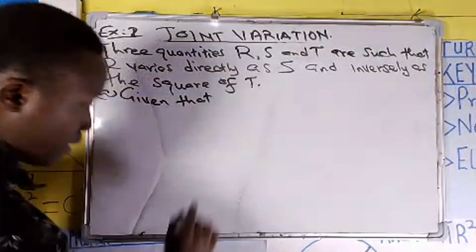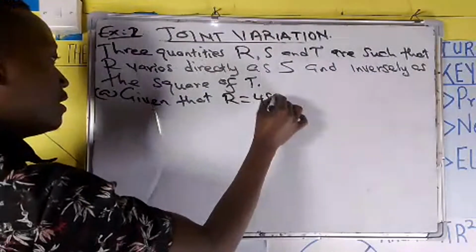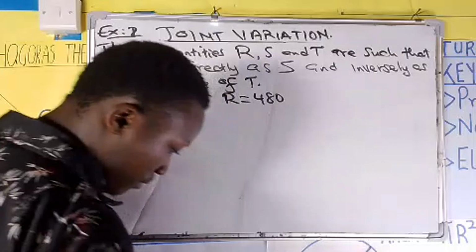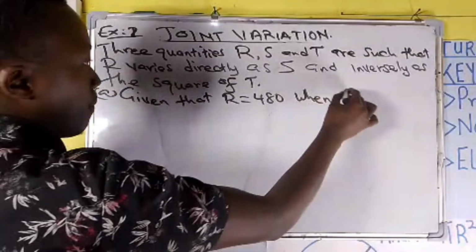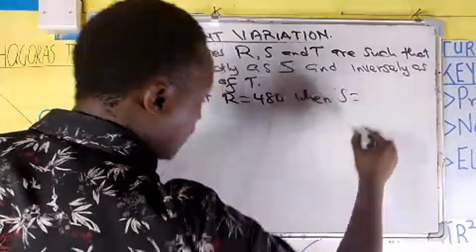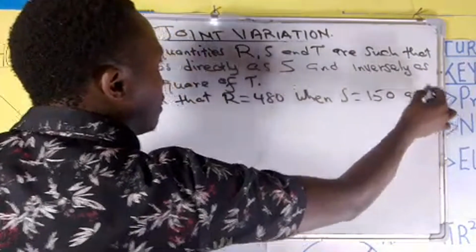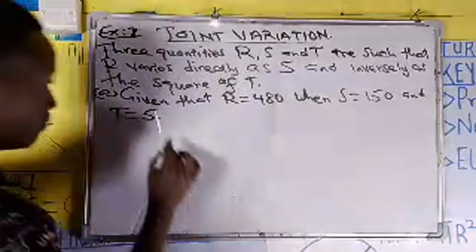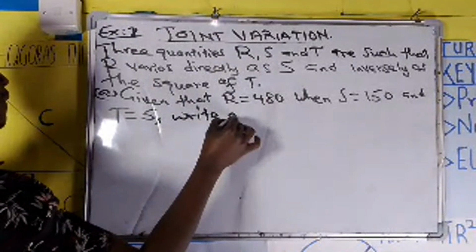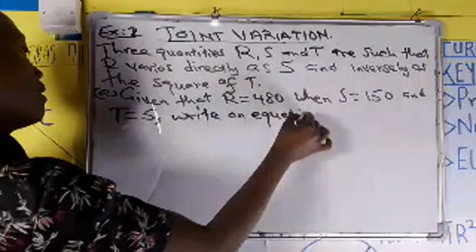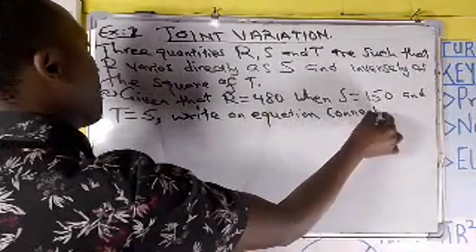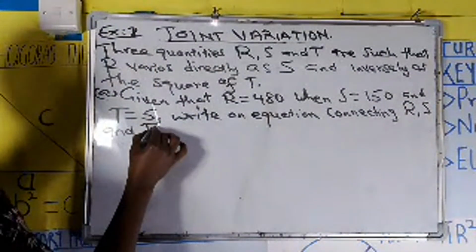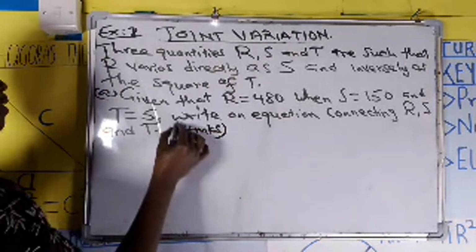Given that R is 480 when S is 150 and T is equal to 5, write an equation connecting R, S, and T. 4 marks.